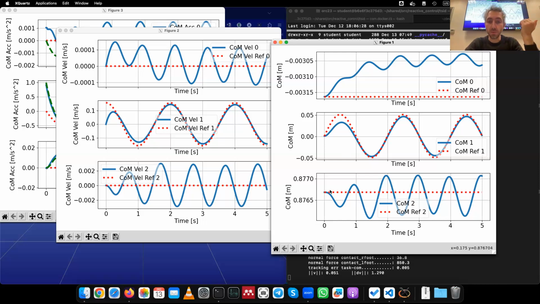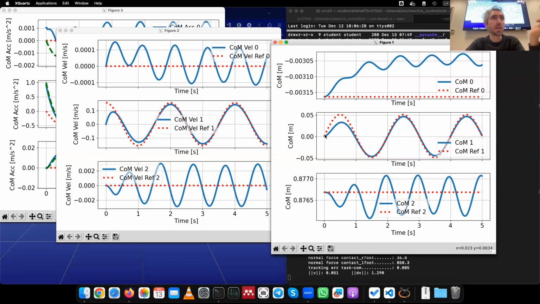So basically what we are seeing in the X and Z are really minuscule movements. If you look at the scale, you can see that it's less than 1 millimeter. And in the y direction, the tracking is pretty good. It doesn't start perfect in the beginning, but that's reasonable because the robot starts with 0 velocity. So of course also the COM has 0 velocity.